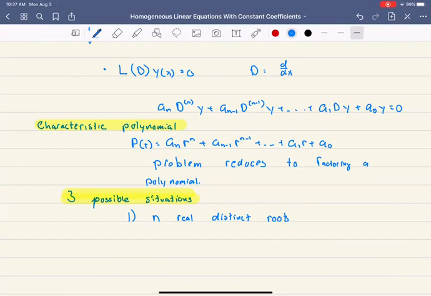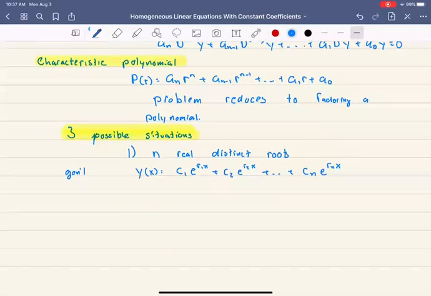Then our general solution is y of x equals c1 e to the r1x plus c2 e to the r2x, up to plus cn e to the rnx.